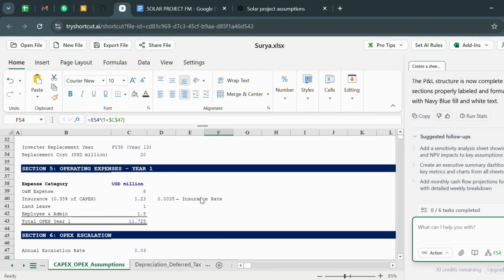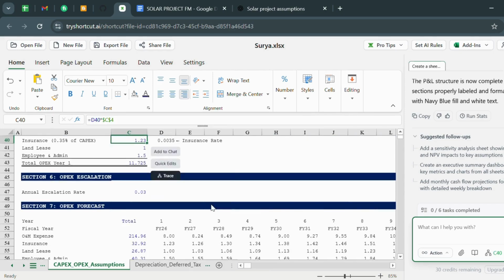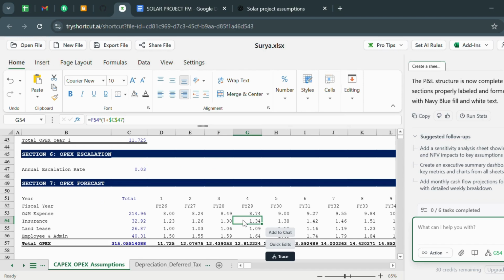Here, you know which number has been taken from where, and if it is an input, how I can change it. I just need to change the inputs so that all the numbers in the financial model change. A financial model needs to be fully functional. I know where each number has been taken from and how it has been driven to a different sheet. That is amazing.